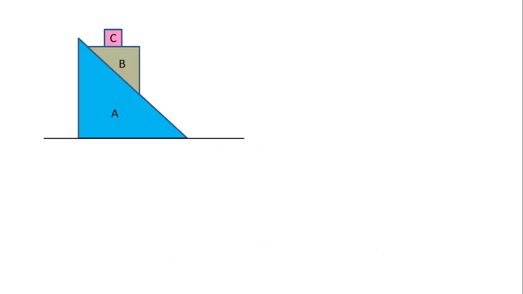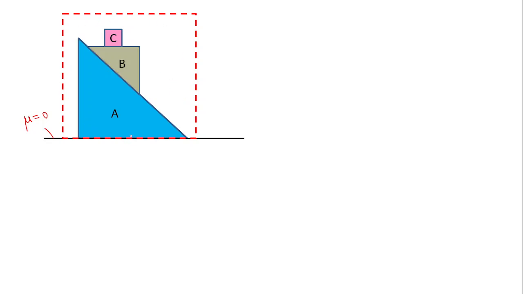You see, this is our situation, and if we take this as our system, what do we feel? The friction on this surface is 0. So as friction is 0, there will not be any horizontal force acting on this whole system.